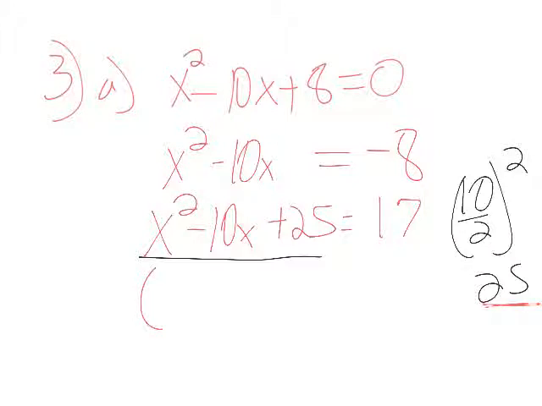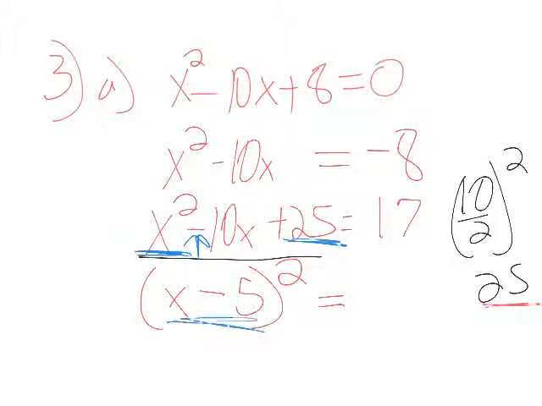Just be sure you remember that you will get the same factor for both factors, and you need to write it like that, okay? This is going to give me x minus 5 squared. It's actually the square root of the first term, the sign on the second, and then the square root of the last term. That's all that this is right here. Real easy to factor.